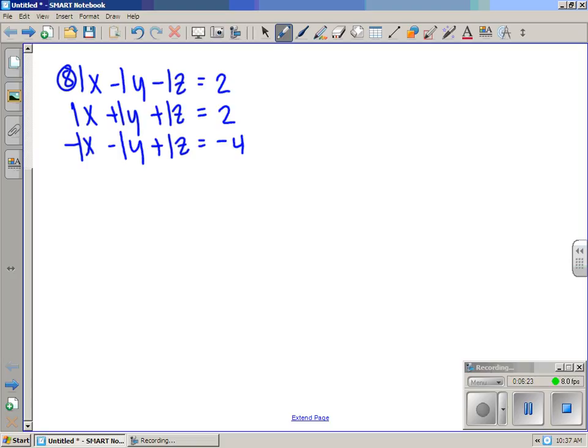Now, in order to solve a system, we need to find x, we need to find y, and we need to find z. The nice thing about using determinants is that one variable doesn't depend on the answer for the other. You can get x without knowing what y is. You can get z without knowing what x or y is. So you can just do one variable at a time. Of course, we're creatures of habit and we tend to go in alphabetical order. So I'm going to find x first. To find x, we need two things.